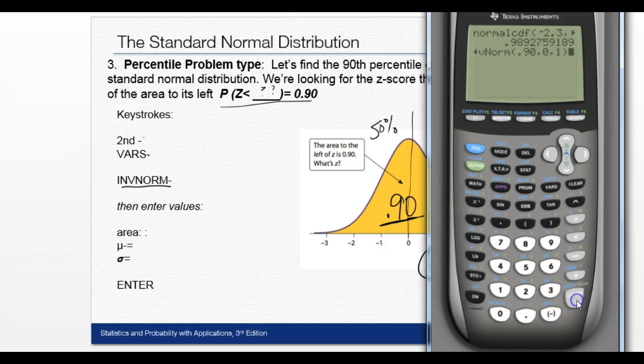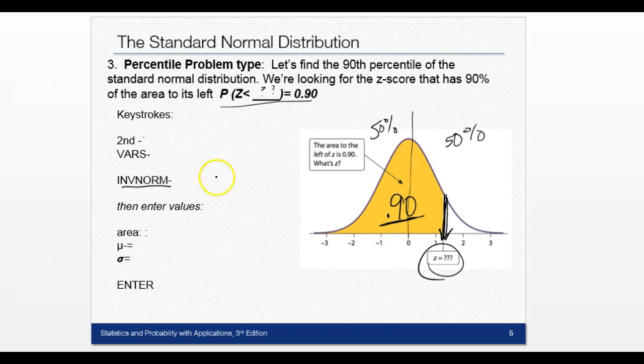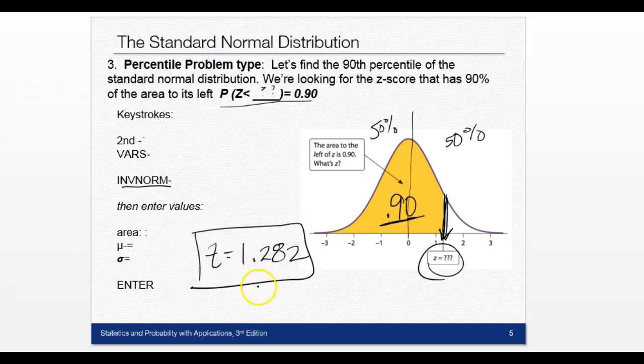Hit paste, enter, and bam, there's the z-score that splits that area. It makes 90% of it to the left, and 10% to the right. So I would say the z would equal 1.282. That's the z-score I'm looking for.